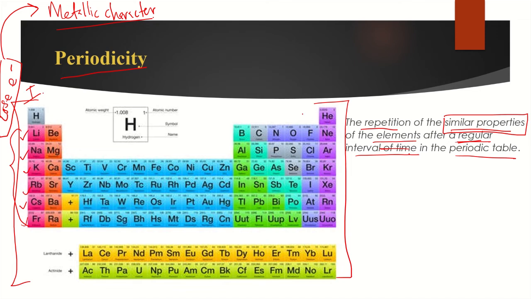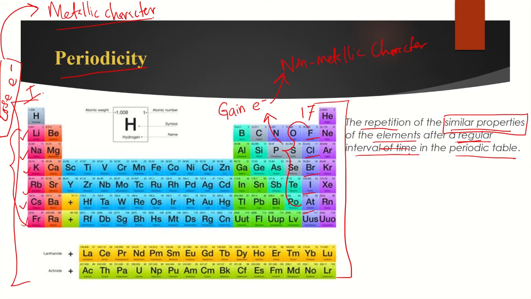Now let us consider group number 17. The elements present in group number 17, fluorine, chlorine, bromine, iodine, astatine, if we study them, we'll find out that they gain electrons. Gaining electrons is non-metallic character.